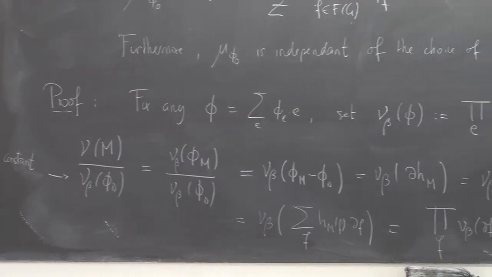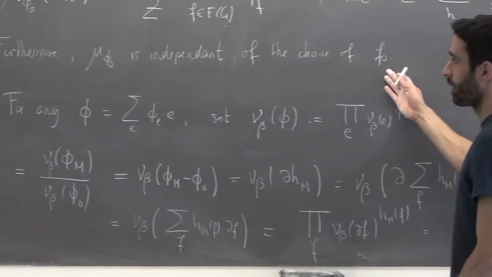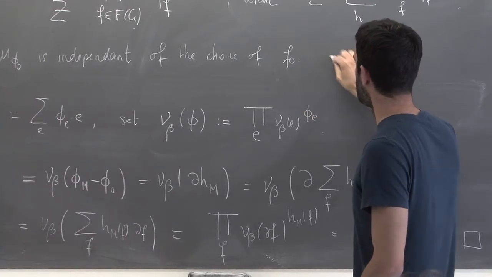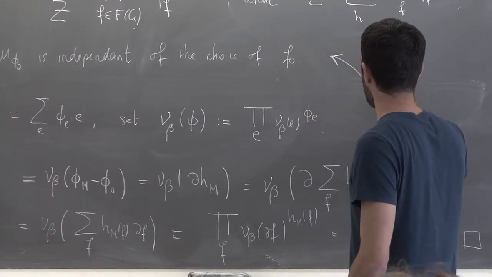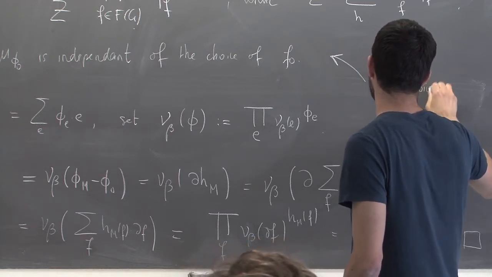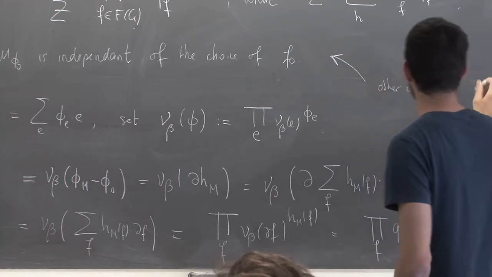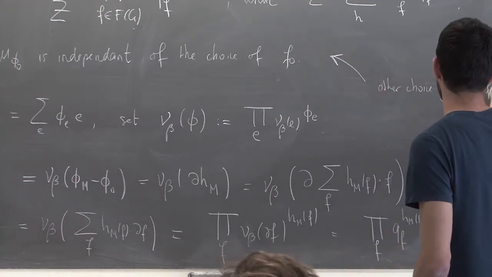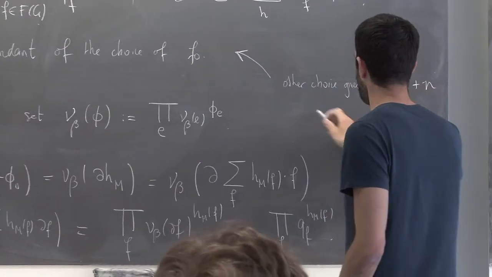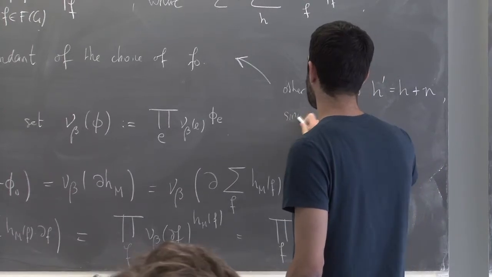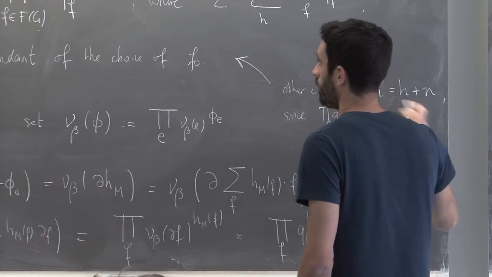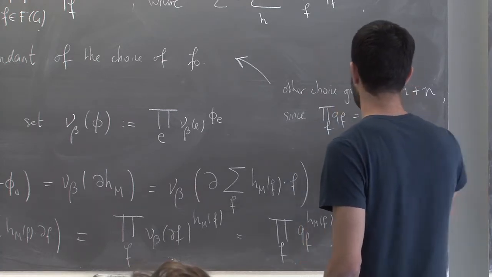And again, this last line was already explained, and it was explained better by yourself actually. So here, this is because the other choice gives h prime equal to h plus some constant n, and since the product over all qf is equal to 1, mu phi 0 is unchanged.